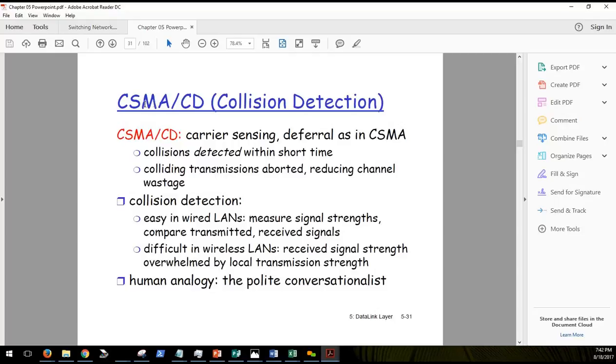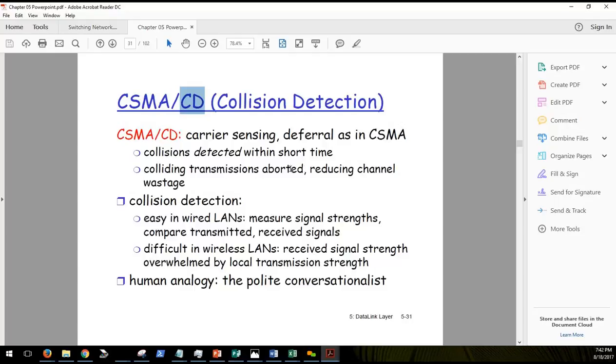Okay, so we've got CSMA CD, or collision detection. That's what this CD here means. Carrier sensing, deferral, as in CSMA. In other words, if you sense somebody is transmitting, you wait until your turn comes. Collisions are detected within a short period of time.